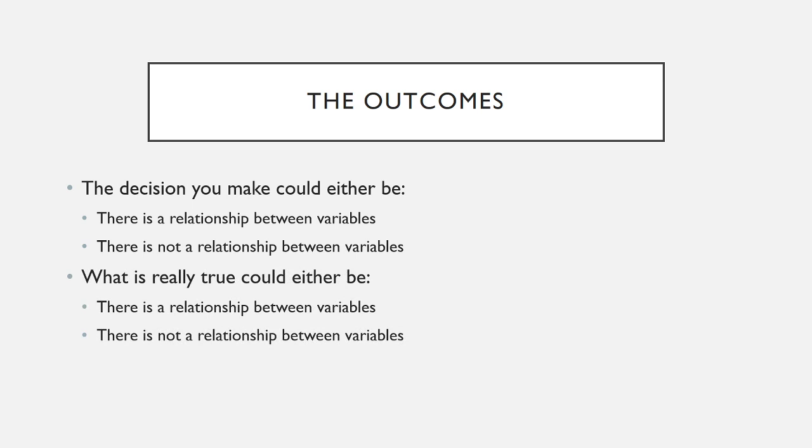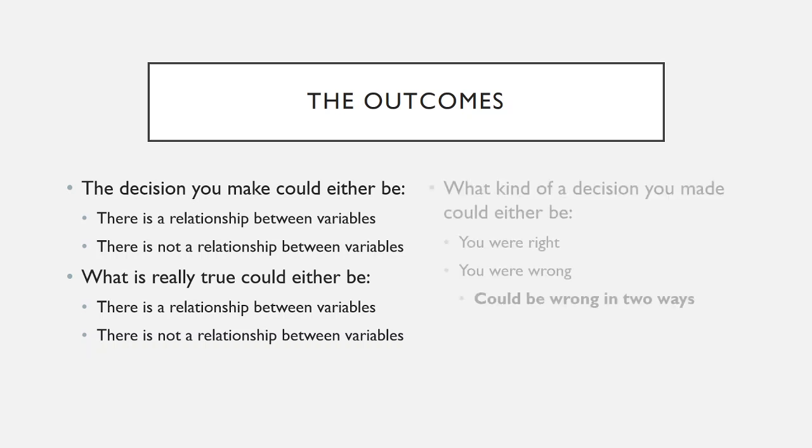Our ability to discover truth notwithstanding, the truth out there could also be one of two things. The truth could be that there is a relationship between the variables or that there's not. Again, we've set up the logical parameters such that it has to be one thing or the other. So this sets us up for a world in which we have 4 possible outcomes.